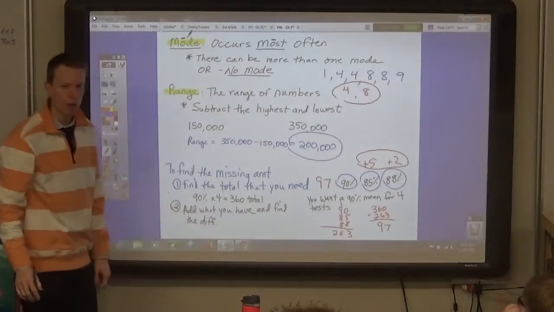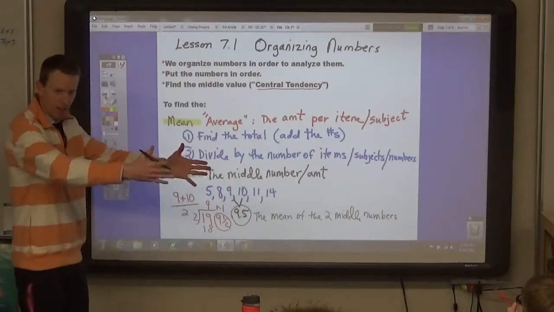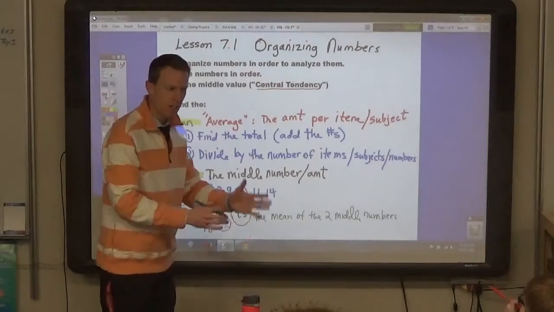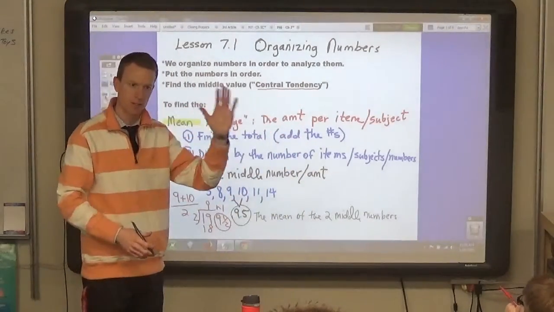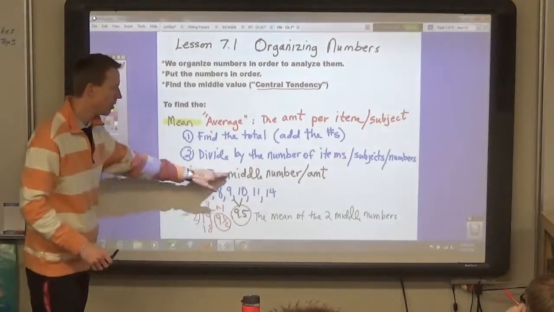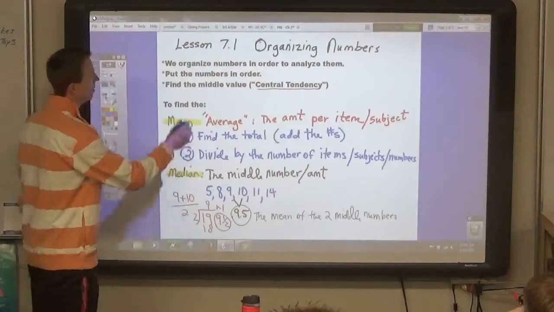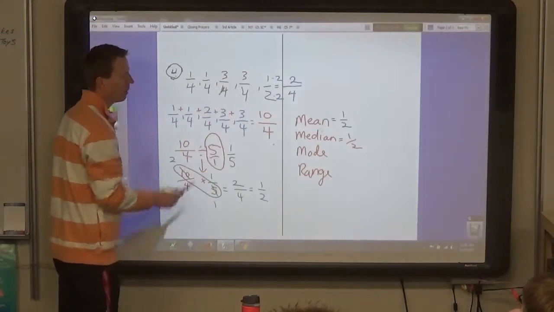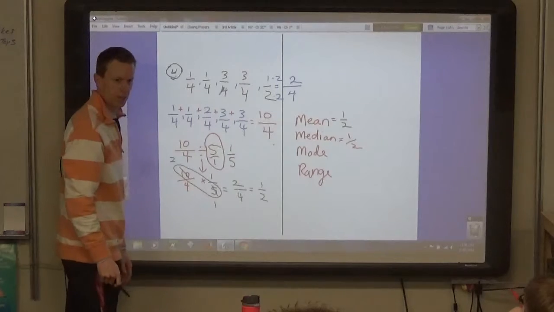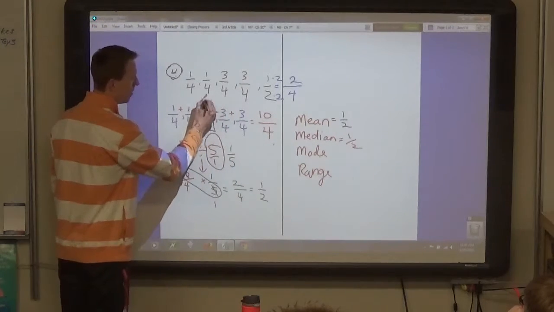You can remember mode and most. Median. Think of the car. When you're driving along, a lot of times there's a median in between the traffic. It's the middle. Okay? The middle number, but you have to put the numbers in order first. Alright? So a 3/4 is not the middle, because these numbers are not in order. We have to put them in order first, and then we can find the median.